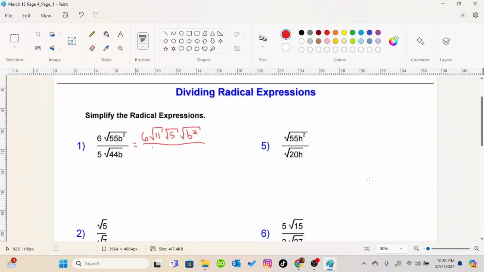And on the bottom, the square root of 44b is the square root of 11 times the square root of 4 times the square root of b. The square root of 11 on the top and the square root of 11 on the bottom cancel each other out.